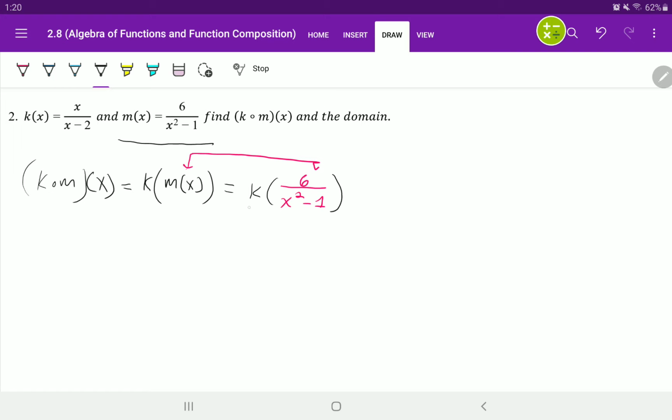Now, I must plug this value inside of my k of x function. So in this case, wherever I see an x in function k, I'm going to leave an open parenthesis.